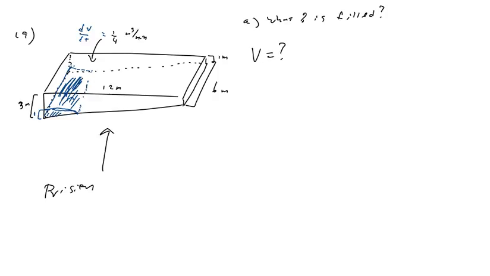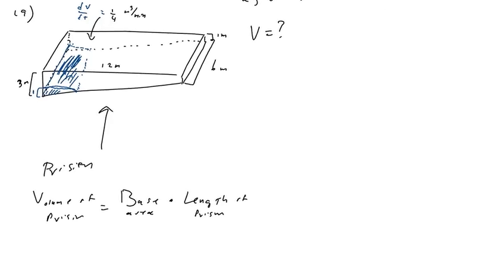So this kind of shape is called a prism. And to find the volume of a prism, it is always the base area times the length, or height, you could call it, of the prism.